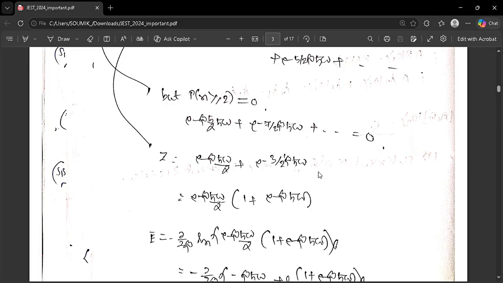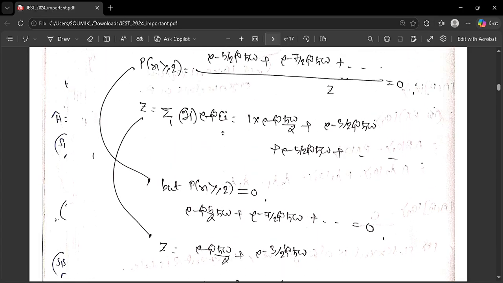To solve any question, always scan the options first. If you solve just from Z and calculate E average from this Z, you cannot find the actual option. So you have to be careful and always scan the options first before solving any problem. If you take it as usual and calculate the E average, you cannot find the actual option.